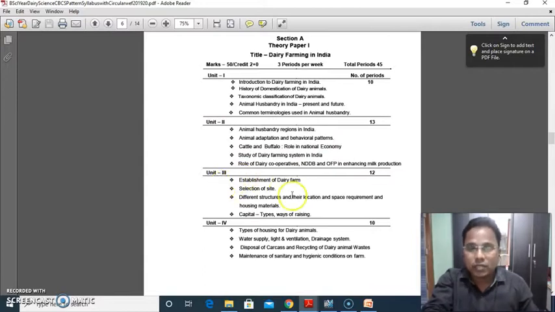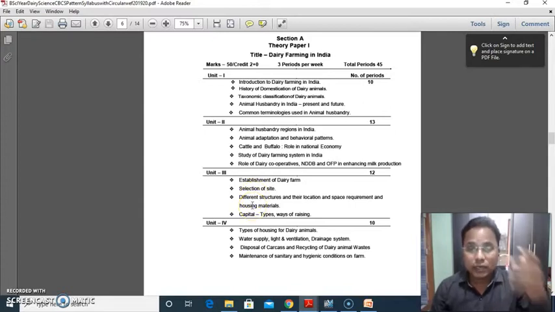Then unit number 3, establishment of a dairy farm. If anyone wants to start a dairy farm, how to start it will be studied under this title, the establishment of a dairy farm. Then selection of site. If you want to select a dairy farm site, how to select it and which site should be selected is studied here.